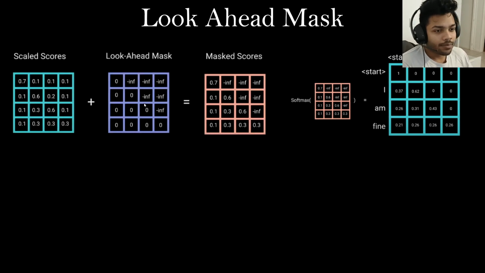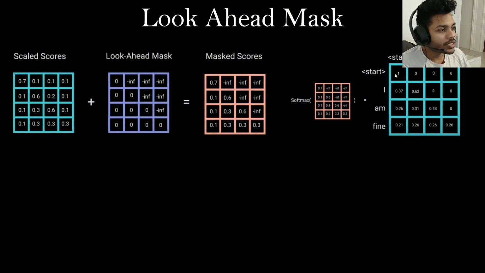So what is the main problem if we do not use any mask? When we don't use any mask, the first word can get information from the future words, which is not ideal, because during inference or generation, we won't have information about the future words. So it can lead to performance degradation. It definitely leads to performance degradation. So for that, we mask the future words.